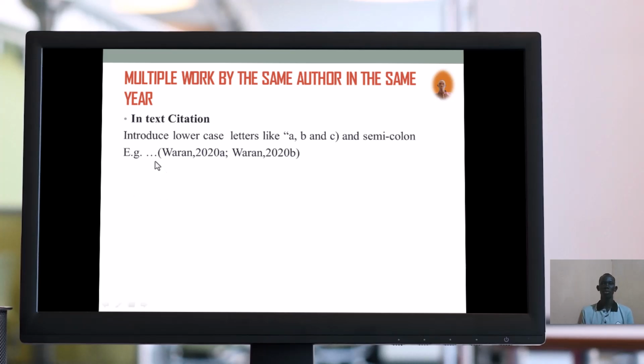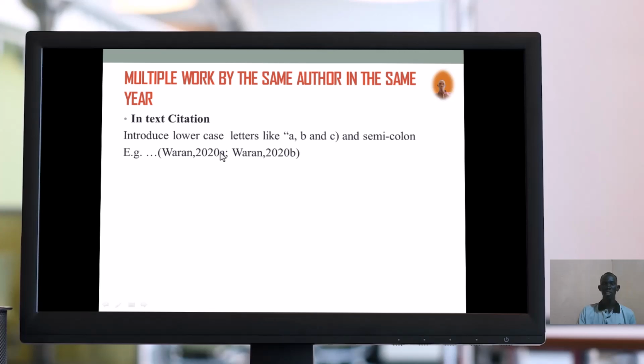We can use the parenthetical method by putting the information first, and then you can open a bracket to put the last name of the author, which is Warren, and then the year of publication.